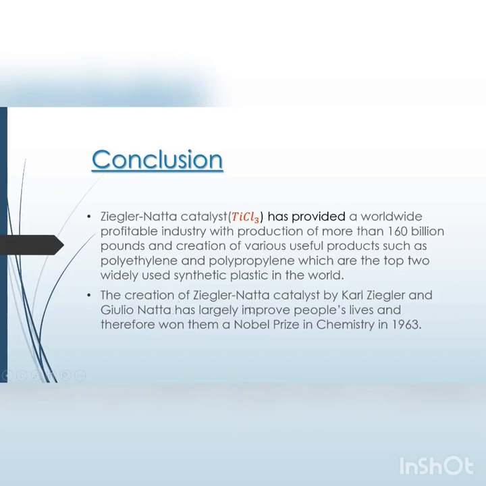The creation of the Ziegler-Natta catalyst by Carl Ziegler and Giulio Natta has largely improved people's lives and therefore won them a Nobel Prize in Chemistry in 1963.